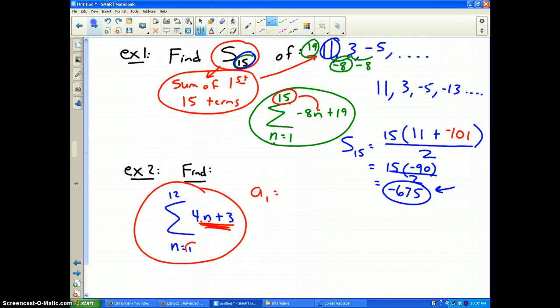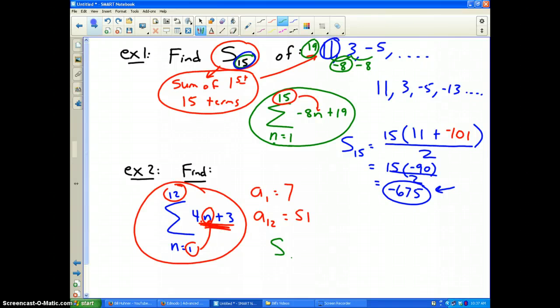So what I do is I take 1 and I stick it in for n. 4 times 1 is 4, plus 3 is 7. And then I find the last term in the pattern, which would be the 12th one. And so I stick 12 in for n. 12 times 4 is 48, plus 3 is 51. And now I have the information I need.